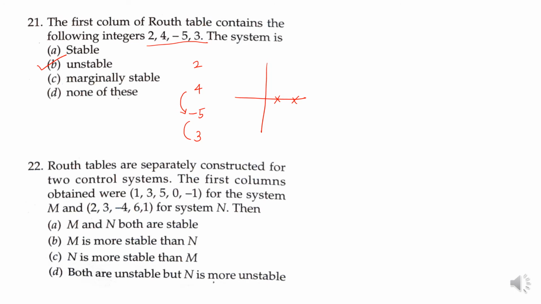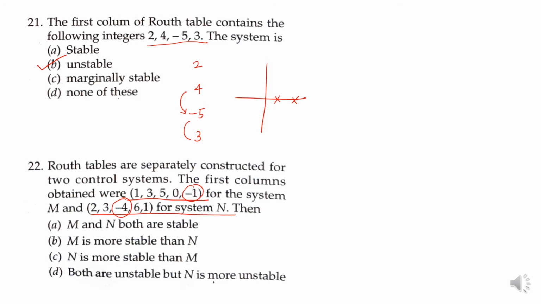Routh tables are separately constructed for two control systems. The first column obtained is 1, 3, 5, 0, minus 1 for system M, and 2, 3, minus 4, 6, 1 for system N. Both the systems are unstable. A negative real part is there.